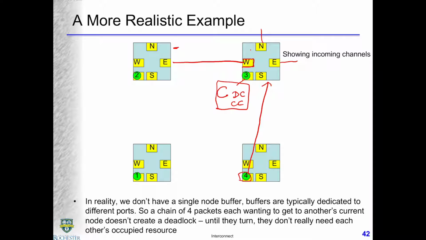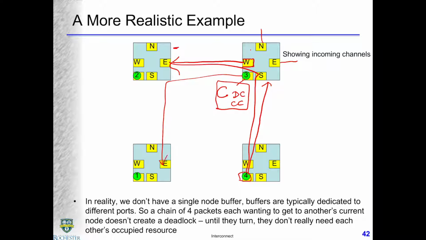Going back a little bit, if we all just want to make 1 move, then it's fine, because after arriving at this buffer, they can go out of the ejection port, and we're completely fine. But imagine, rather than this, if we go back 1 step, 4 wants to go 2 steps to the counterclockwise neighbor, meaning 4 wants to get there.